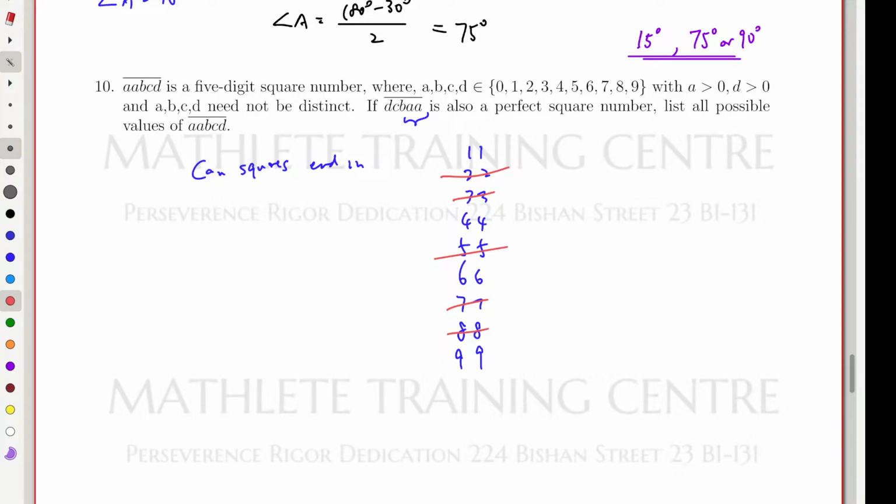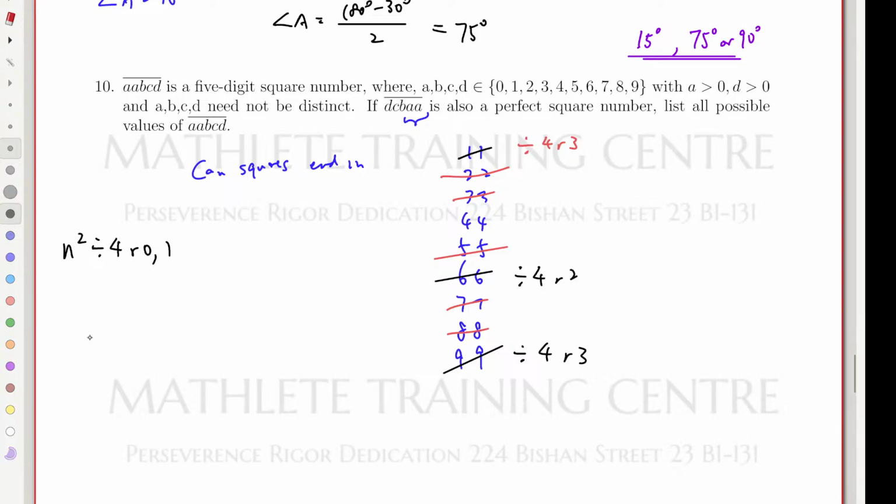What else is possible? 11 is not possible because 11 divided by 4 has remainder 3. And square numbers only divide by 4 with remainder 0 or 1. So 11 is also gone. In the same way, 66 is gone because 66 divided by 4 has remainder 2. Wait, 99 is also gone because 99 divided by 4 has remainder 3.